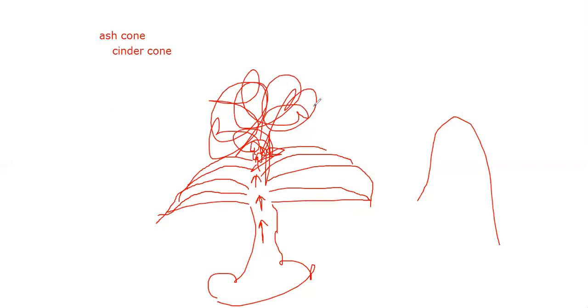Now, areas with volcanoes with acidic lava tend to be extremely explosive, right? An example is the Soufriere Hills volcano in Montserrat, right? So this is an active volcano, right? This is what I would call a dome volcano.